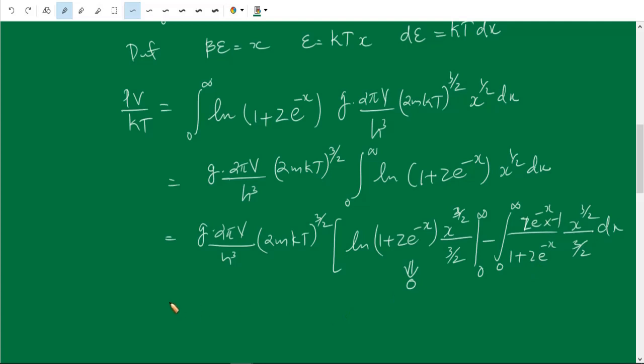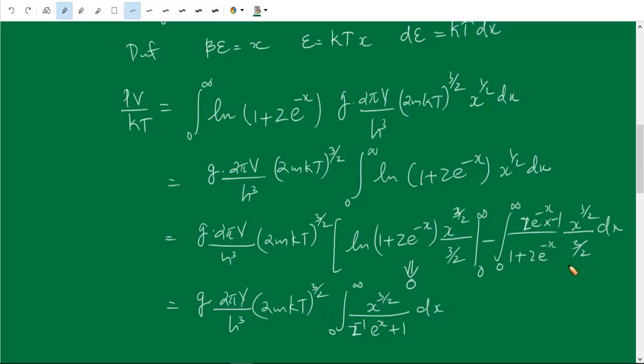So we can write this thing as g, integral from 0 to infinity of x raised to 3 by 2 divided by z raised to minus 1 e raised to x plus 1, dx. Okay, so this 3 by 2 becomes 2 divided by 3.